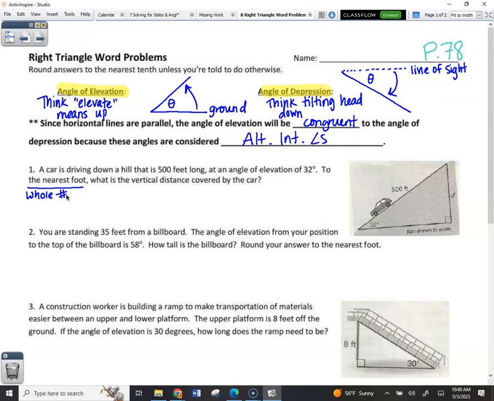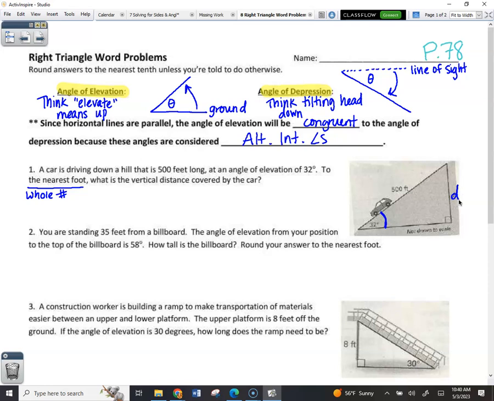Well, you have a picture drawn here, so you don't have to worry about drawing your own. You've got your 32-degree angle of elevation here. You have the incline that measures 500 feet long, the hill. And they want the vertical distance. Vertical implies straight up and down, so that's where your variable is.